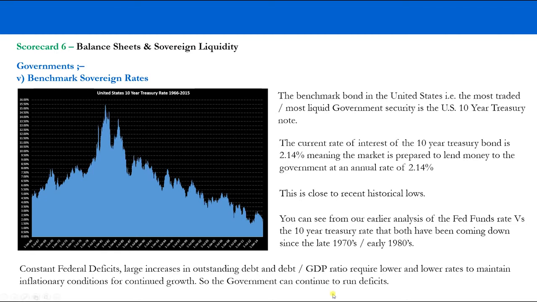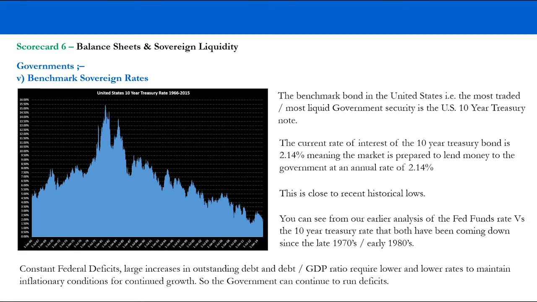And we can see by looking at the chart that this is close to recent historical lows. And you can see from our earlier analysis of the Fed funds rate, when looking at it in this context versus the 10-year Treasury rate, that both have been coming down aggressively since the late 1970s, early 1980s.